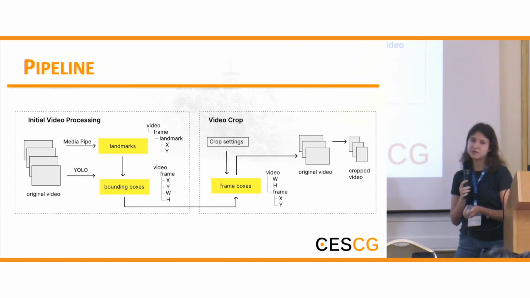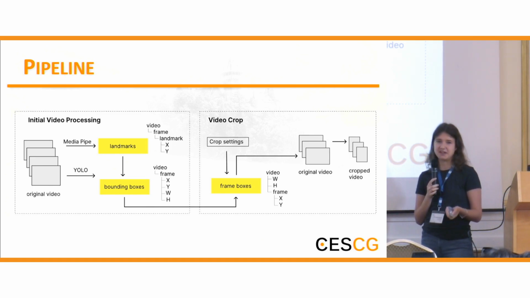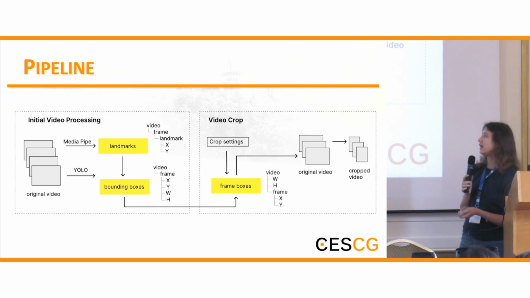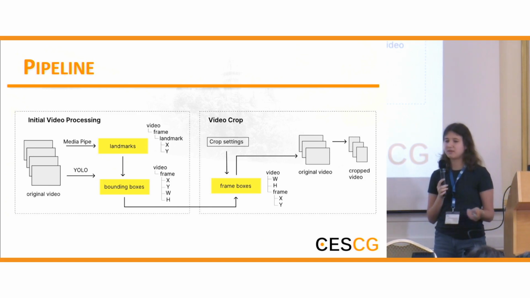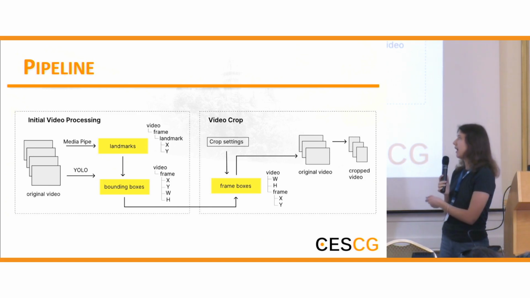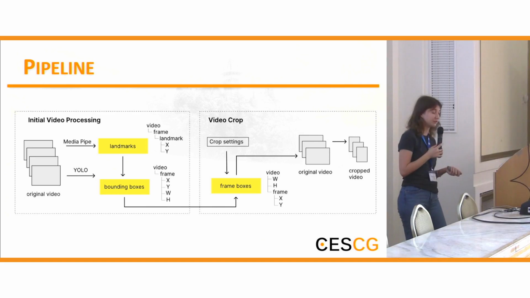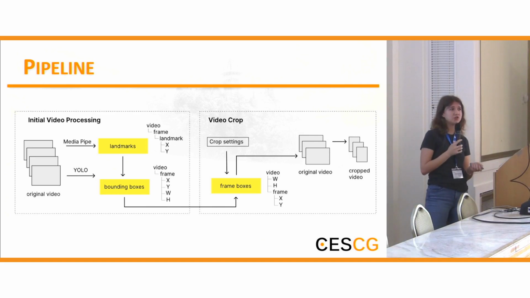But if you want to crop the video, of course, you want it to be a static size. So I take the biggest width and height of the bounding box, and I declare it as the global width and height of the optimally cropped video. Of course, it can change with the different crop settings, so I can set up the aspect ratio and padding and so on.